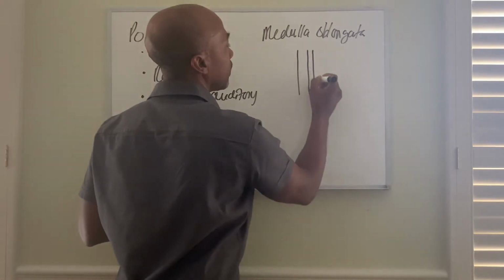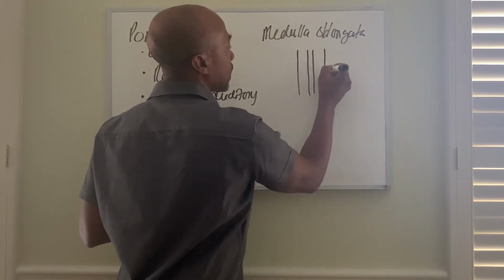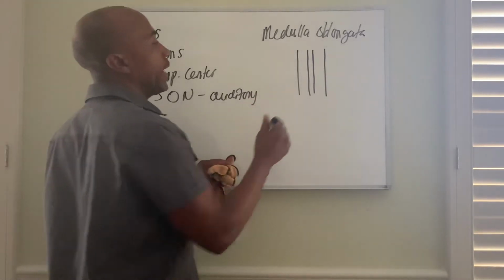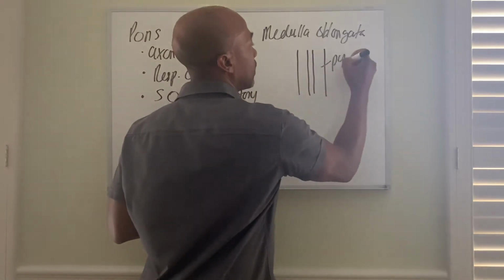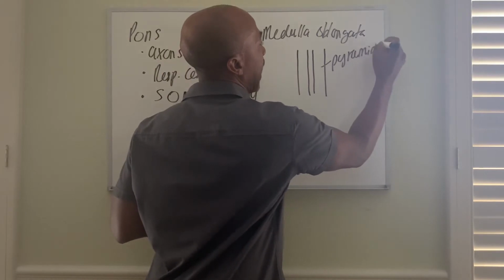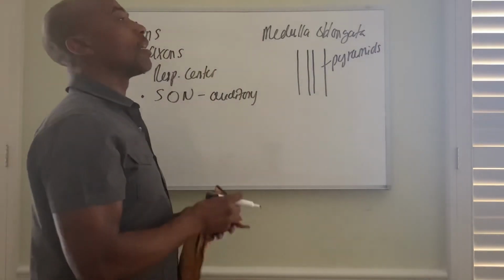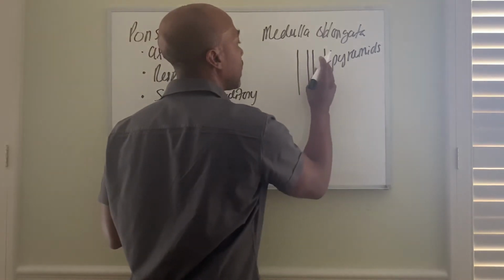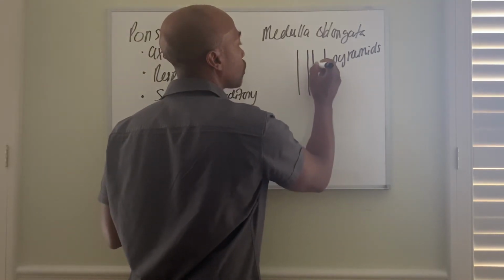And these bundles are just axons running down from the midbrain, from the brainstem to the spinal cord. And we call these your pyramids. Pyramids, axons running down the ventral side. And at some point, these pyramids, the axons, will cross over like so.